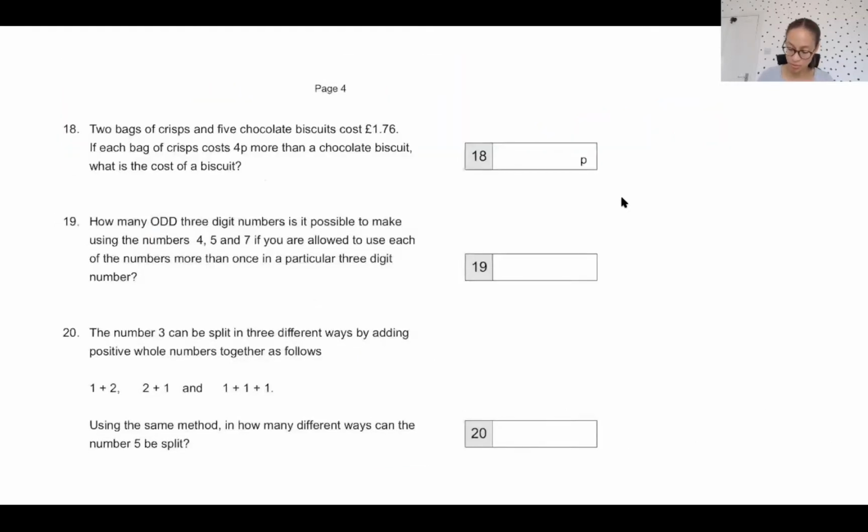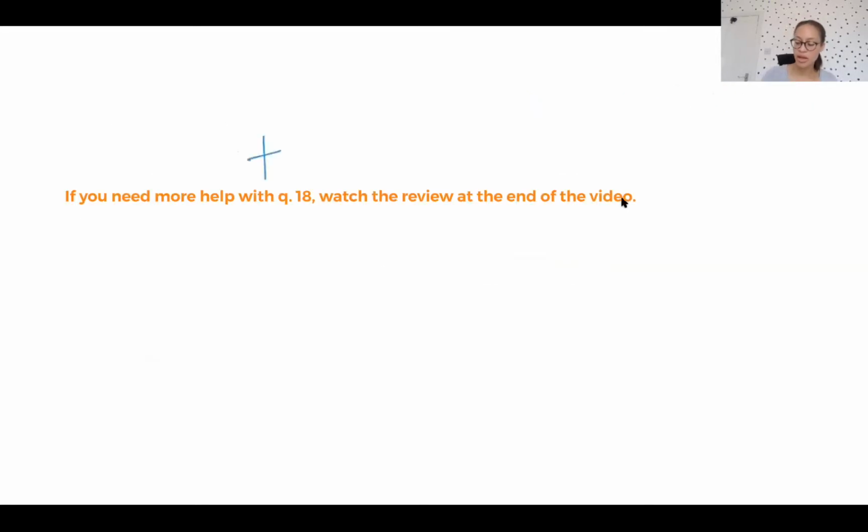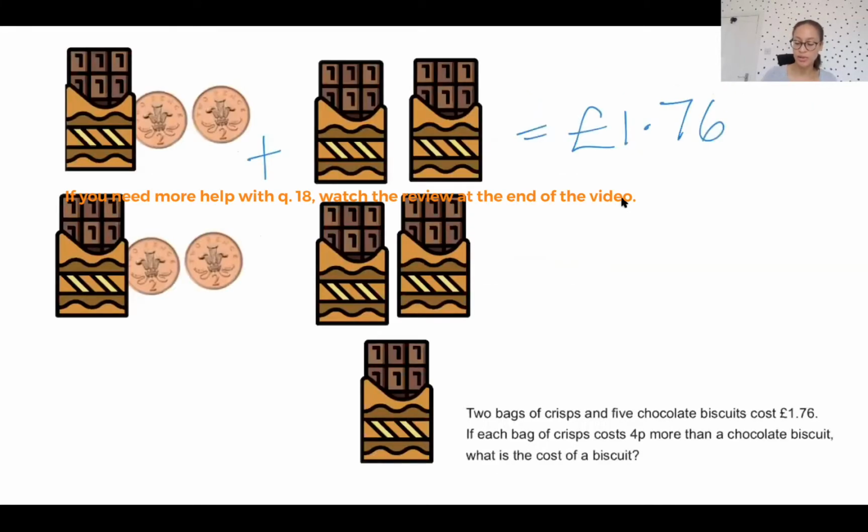I'm going to go back on here. So 7 chocolate biscuits plus 8p equals £1.76. Can someone tell me what 7 chocolate biscuits equal? Just the 7 chocolate biscuits. Okay, Olivia. Try and slow down.